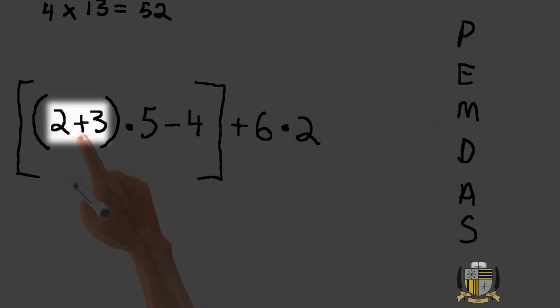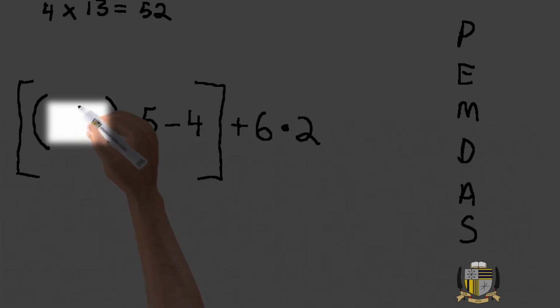I'm going to be erasing instead of writing all the steps, but you can follow along. So get ready. 2 plus 3 is a 5. So now that 2 plus 3 that was in here has now become a 5.